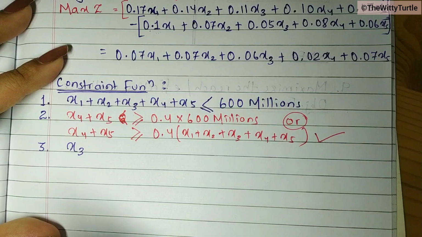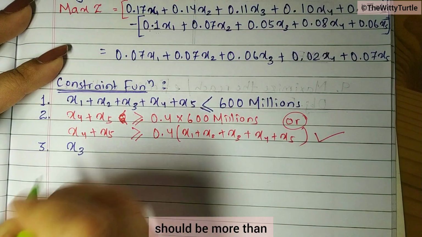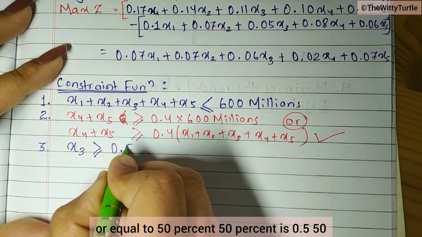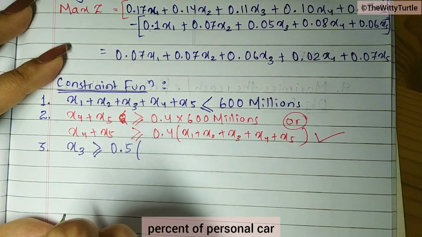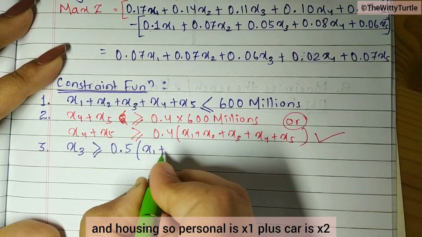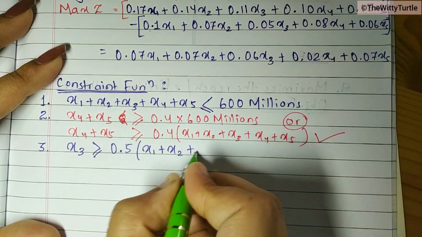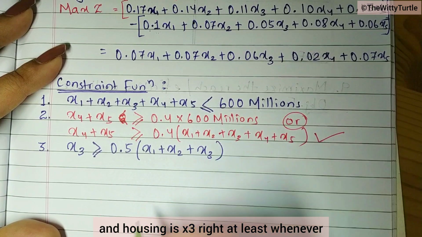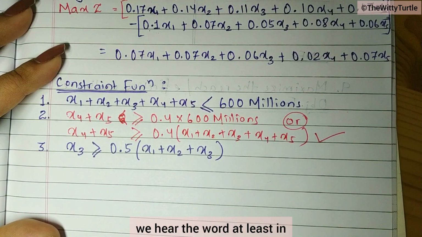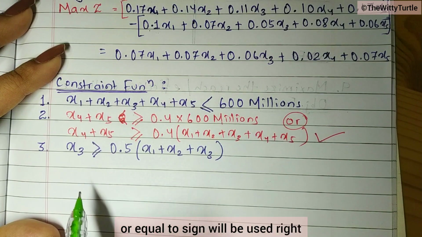Now this X3 should be more than or equal to 50%. 50% is 0.5. 50% of personal, car and housing. So personal is x1 plus car is x2 and housing is x3, right? Whenever we hear the word at least, in that case the more than or equal to sign will be used, right?